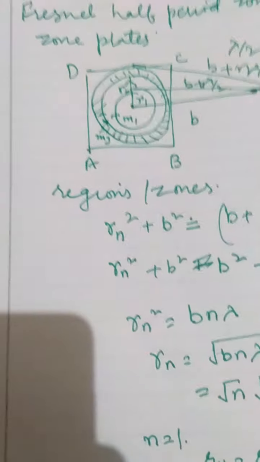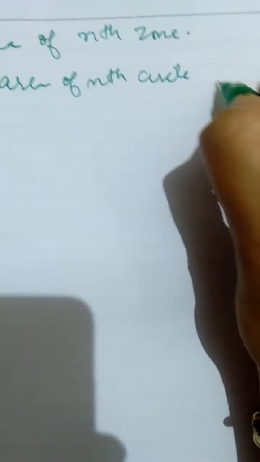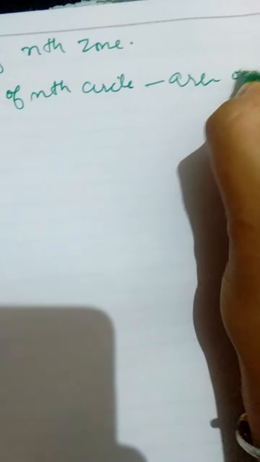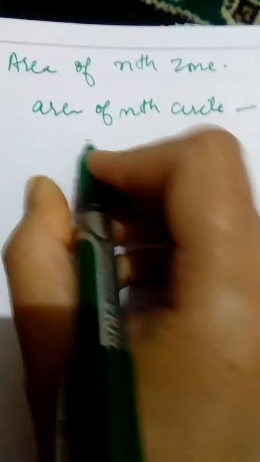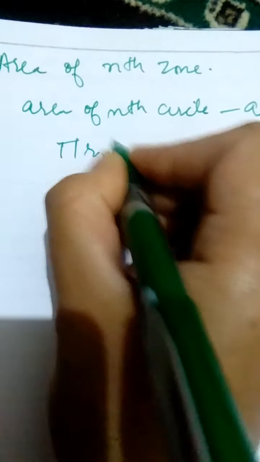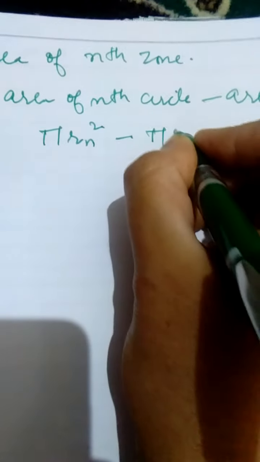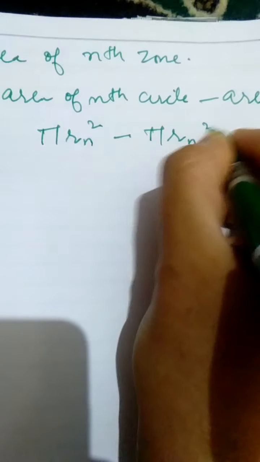So the area of the nth zone will be the area of the nth circle minus the area of the n minus 1th circle. So let's do that. That will be pi Rn square minus pi Rn minus 1 square.